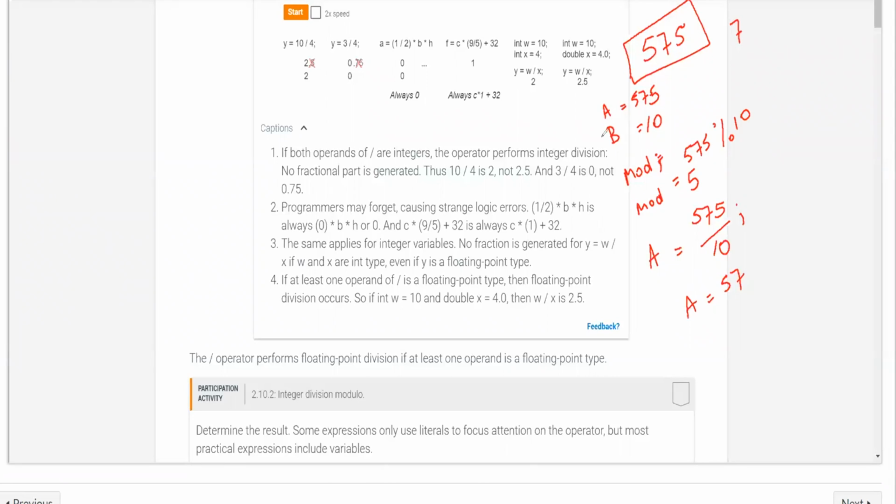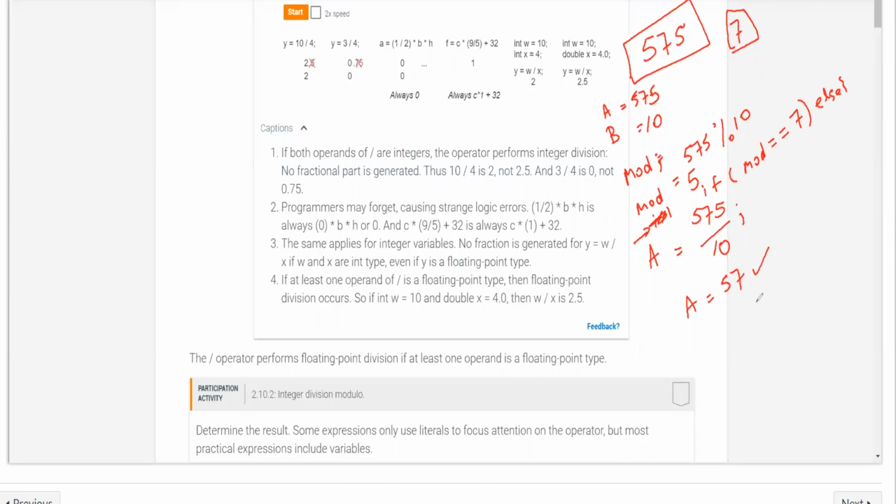And you say, I want to find this 7, right? So what you have to do here is an if condition: if mod equals 7, you're good, then you don't have to proceed. Else you divide the number by 10, and if these are integers, obviously you get 57.